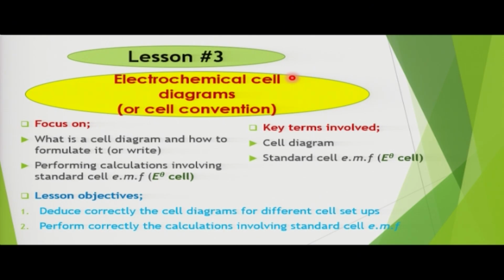We shall also be looking at those two critical terms, that is cell diagram and the standard EMF. The reason why I give you key terms is for you to understand where the lesson is focused and take notice of the definitions and the work related to those key terms.